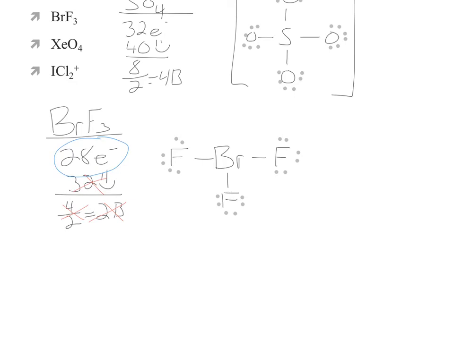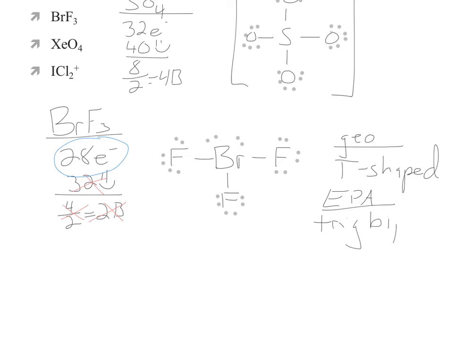That tells me I've got 5 regions here, and it lets me put those off at the angle, and then that gives me my molecular geometry, which is T-shaped, and the orbital geometry, or the electron pair arrangement, has 5 regions. That's going to be trigonal bipyramidal. Okay, and I'm using abbreviations just for ease of writing here.